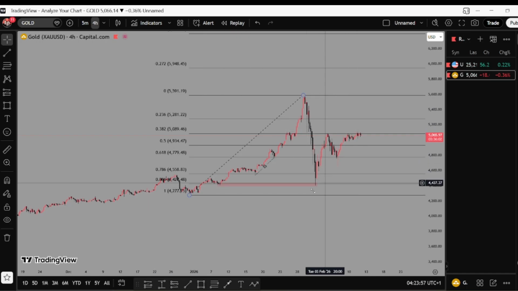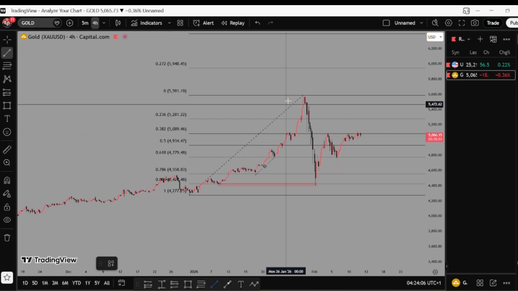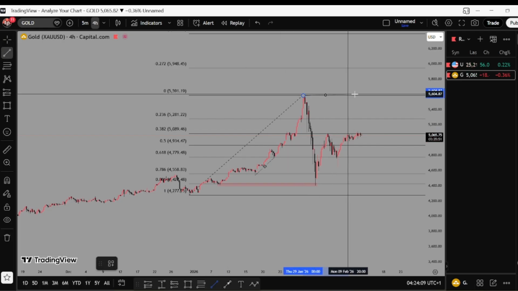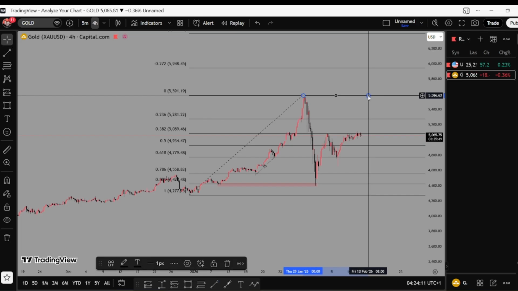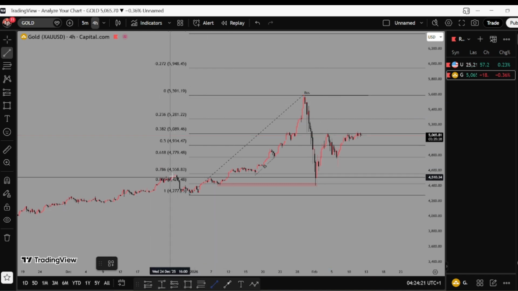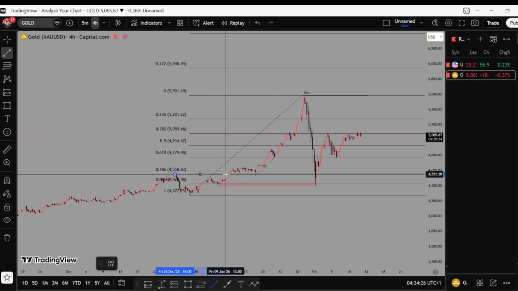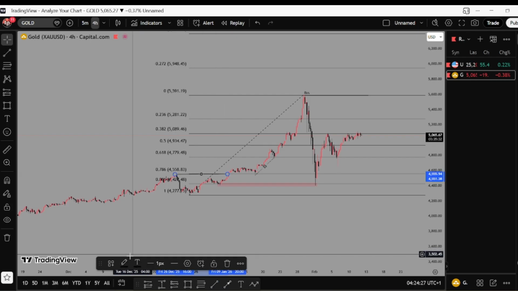And then for the current market price right away, we will see that we have this high, which is at this level. This high is going to be a new BOS, and then this is our previous BOS.